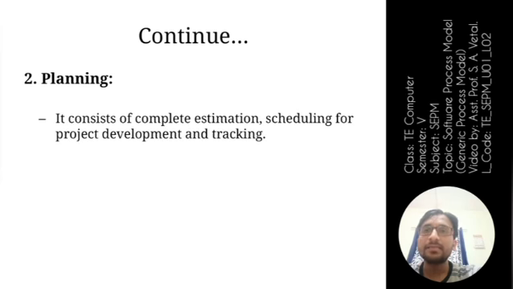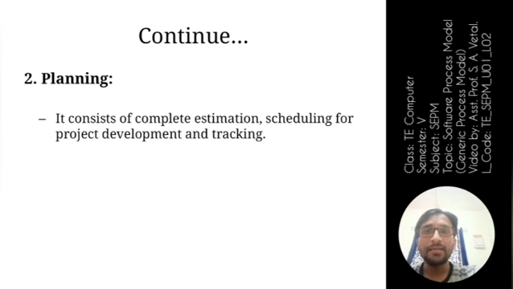Then the second activity is the planning activity. Again, this activity will have a different task set under it. Now in planning, what kind of tasks are we going to perform? We are going to perform estimation, scheduling for the project, and we are also going to perform tracking.